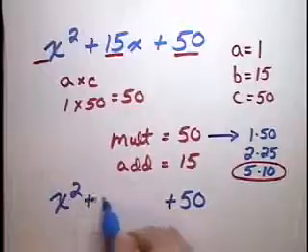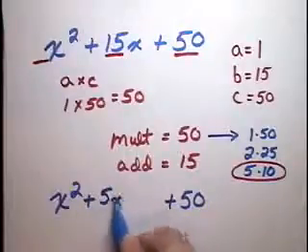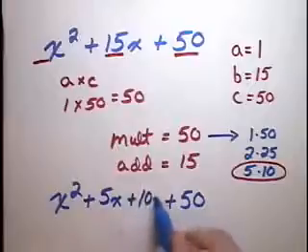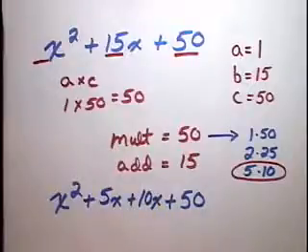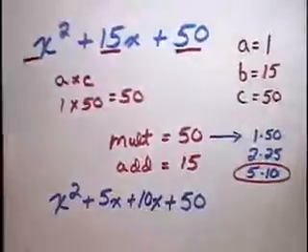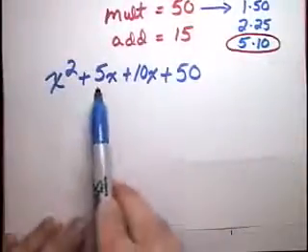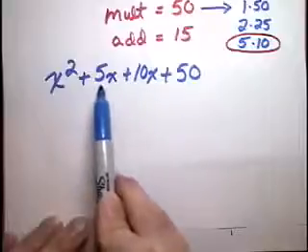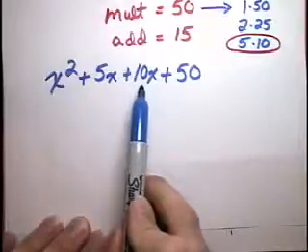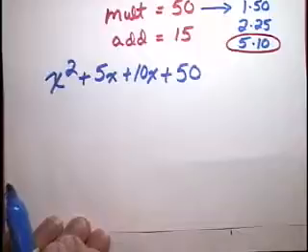I'm going to change 15x into 5x plus 10x. Now let's look at that for a minute. Did I change the value of my problem? No, because 5x plus 10x gives me 15x. So I've done nothing to change the problem except to change it from 3 terms to 4 terms.